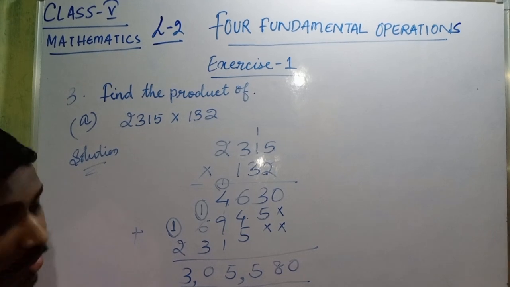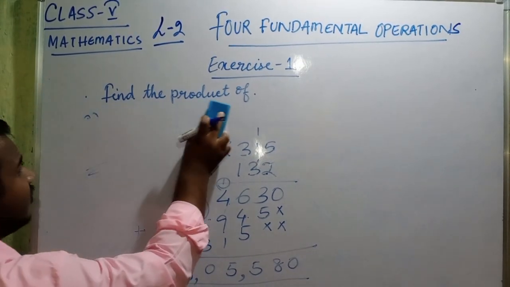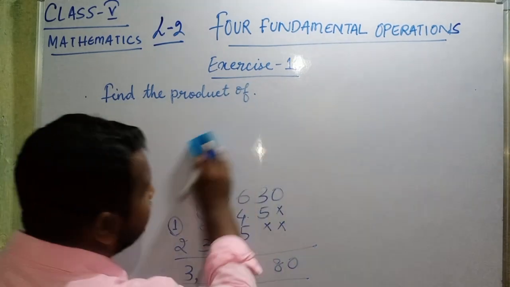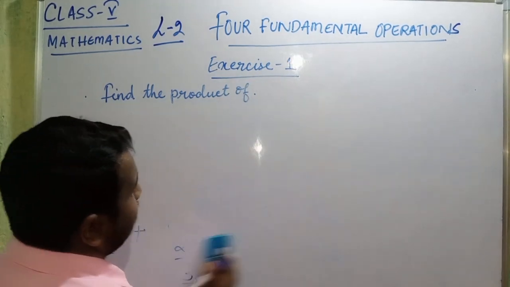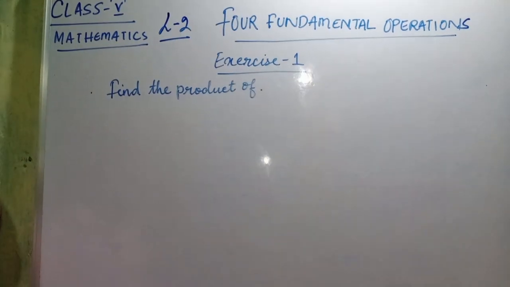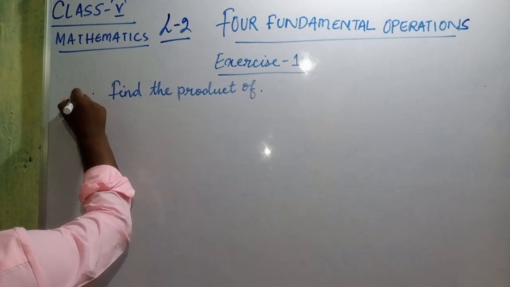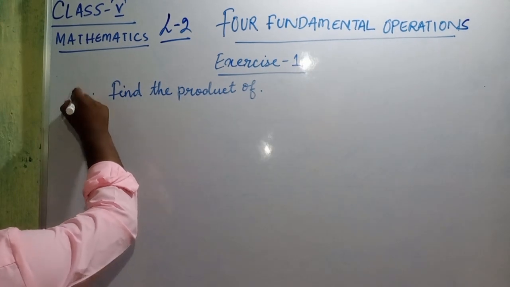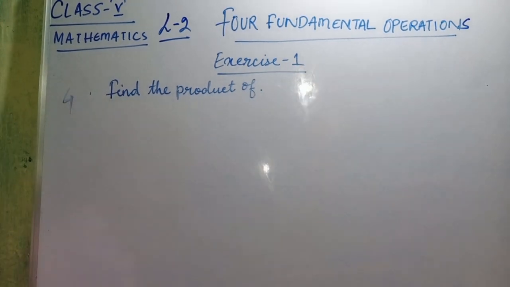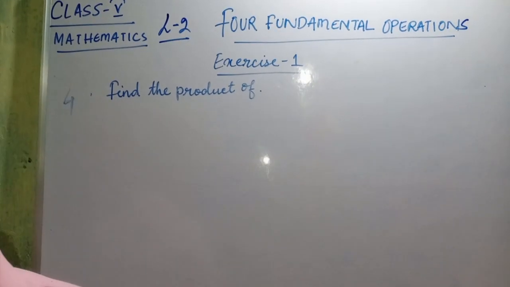Next is your fourth number. The same type of question, here only with 10, 100, 200, 30. These all things you have to multiply. So the fourth number question is also the same type of question.